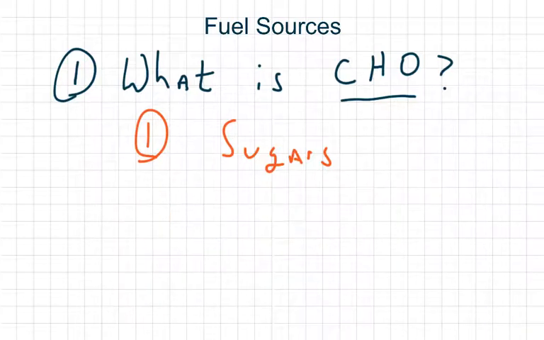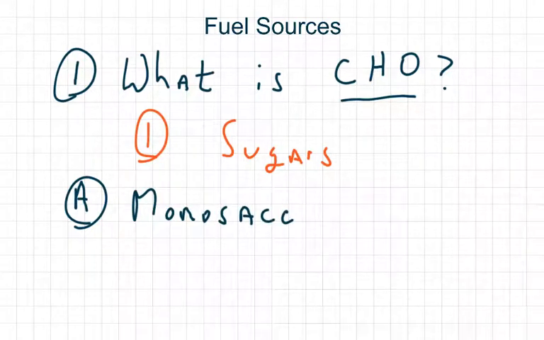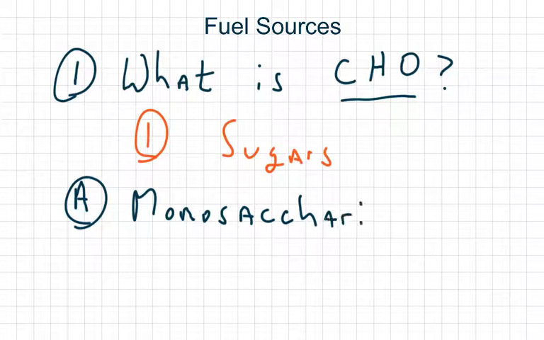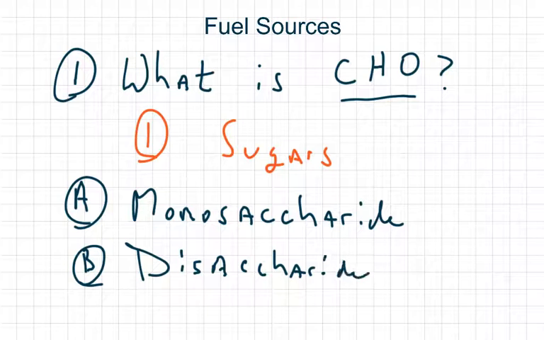And so when we start talking about sugars, we have 3 different types. First is what we call a monosaccharide. Second being a disaccharide. And the third being what we call a polysaccharide.